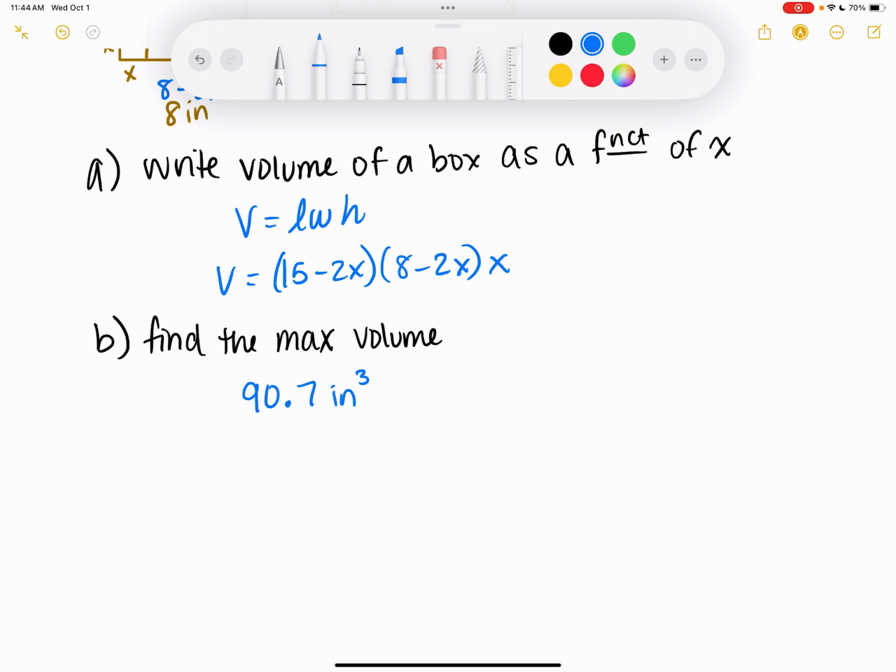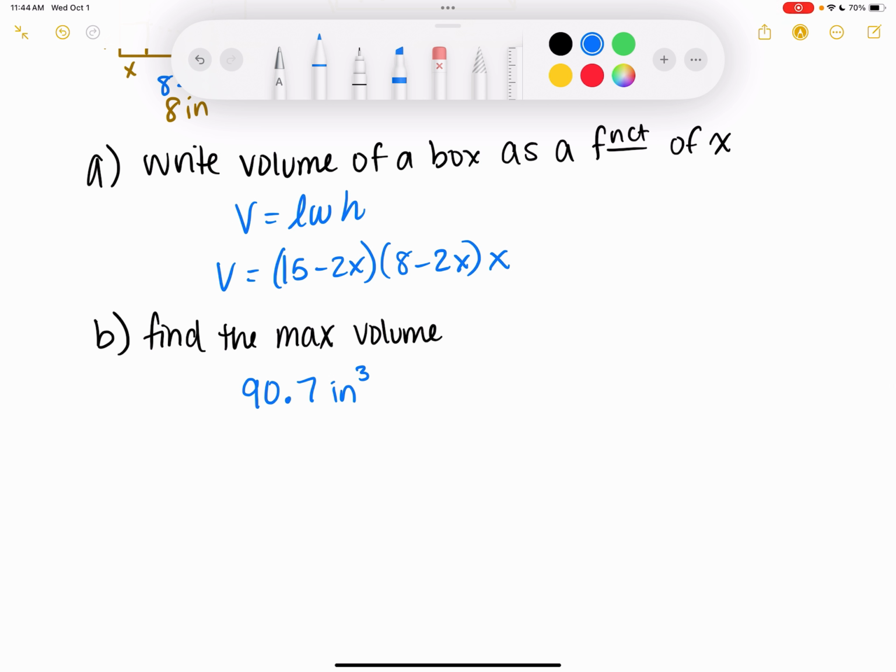I'll put Zach's up here for a second. It's kind of hard to read these numbers down here, but my x value can't exceed the values that I can go outside of here. Like, I can't have a huge x value, because it's not going to work.